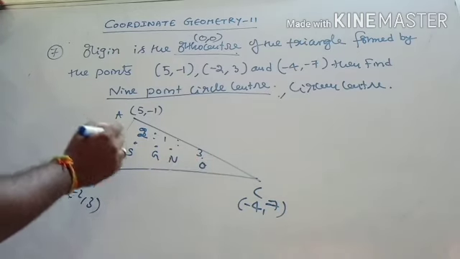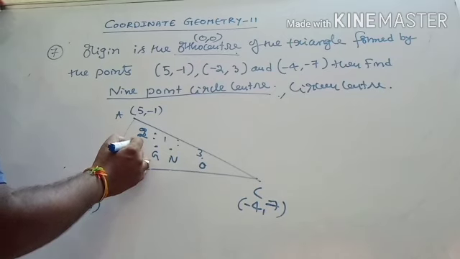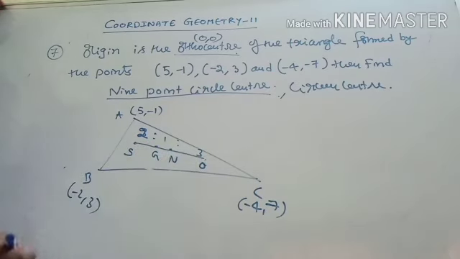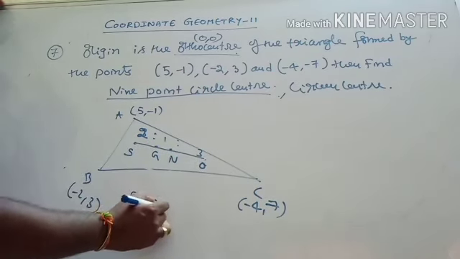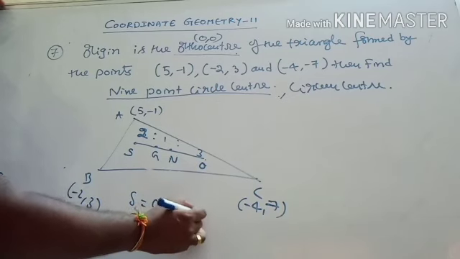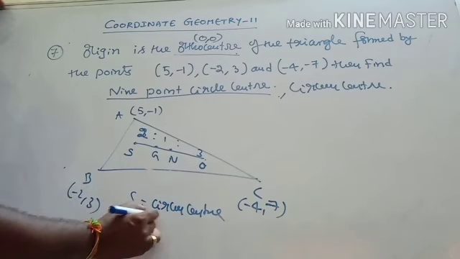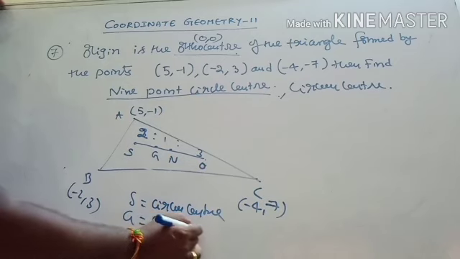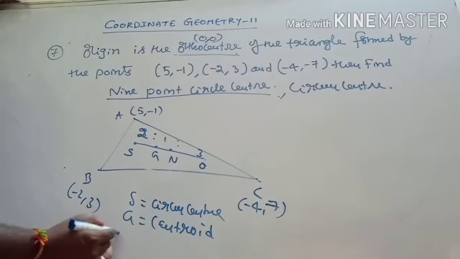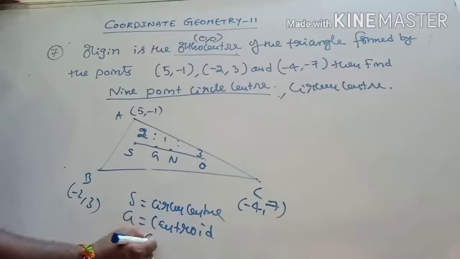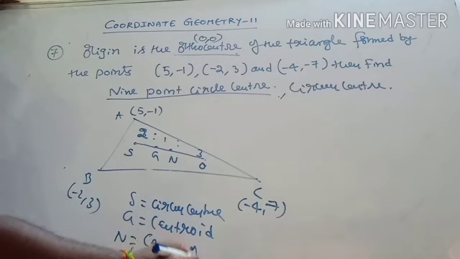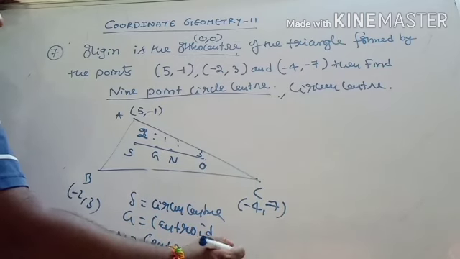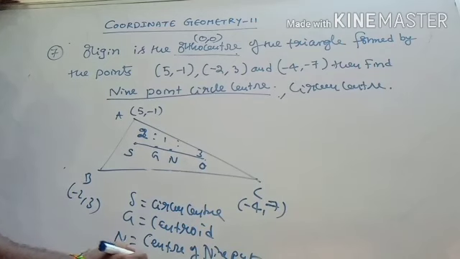In any triangle, these points: S is the circumcenter, and Z is the centroid. G is the centroid, and N is the center of the 9-point circle, and O is the orthocenter.